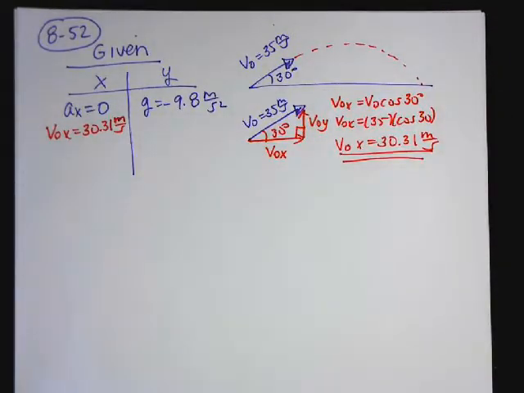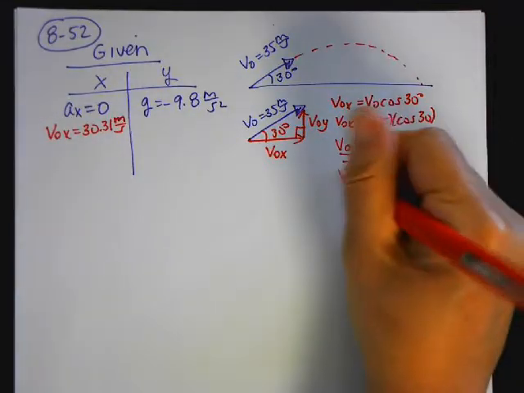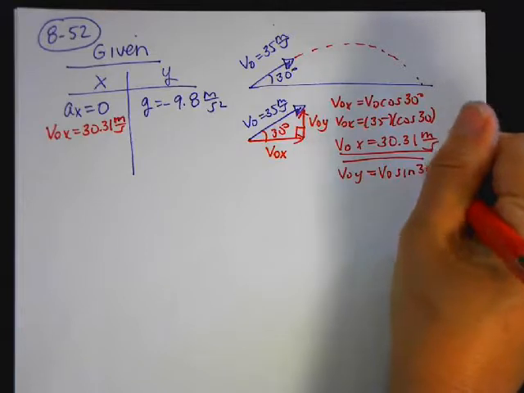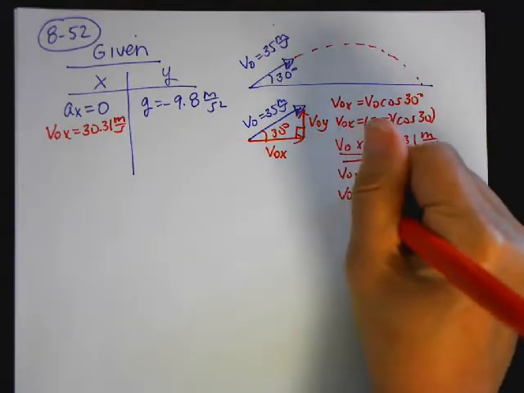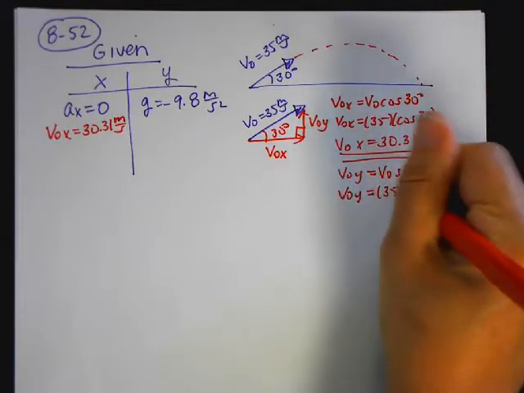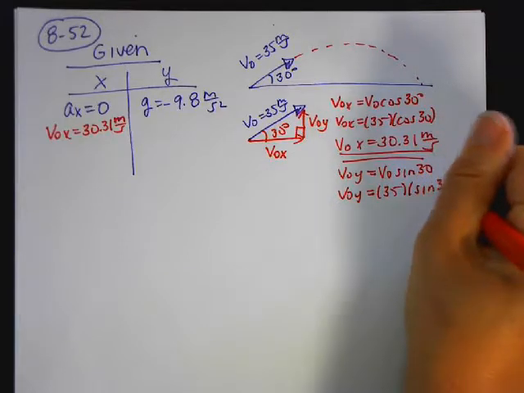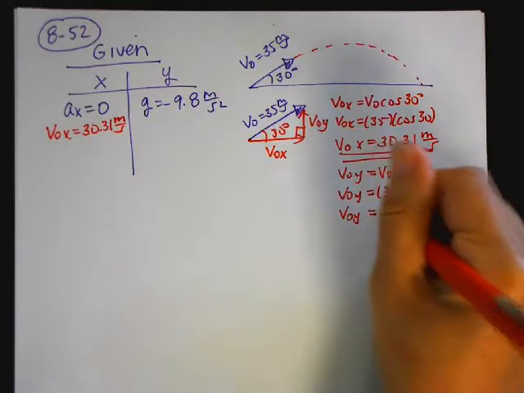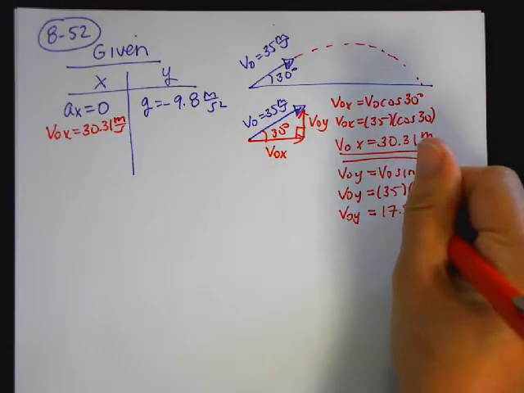Now I'm going to find my vertical component. So v0y is equal to v0 sine of 30. So v0y is equal to 35 times the sine of 30. So v0y is equal to 17.5 meters per second.